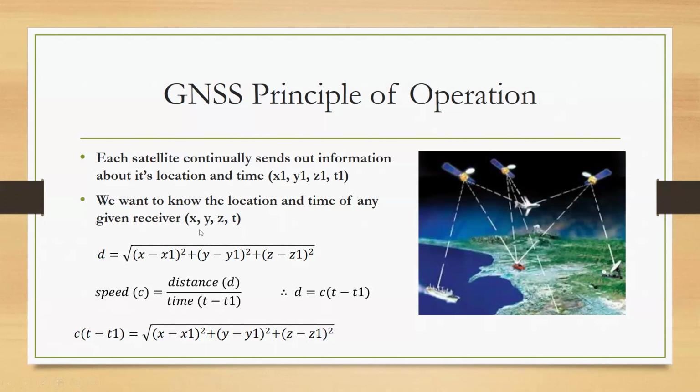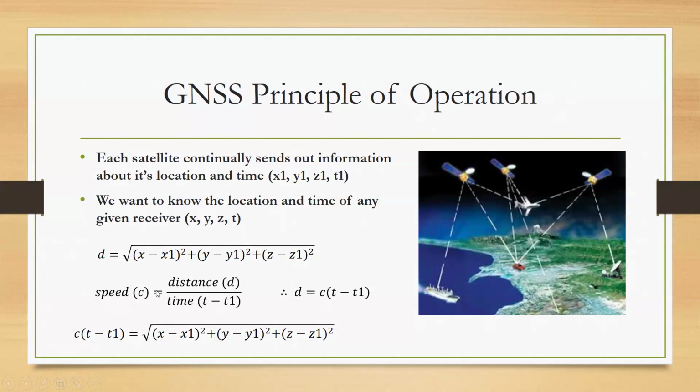Let's call the position of my cell phone X, Y, Z, and T. Then we know from coordinate geometry that the distance between these two locations, X, Y, Z, T, and one of the satellites, X1, Y1, Z1, and T1, can be calculated by this formula, D is equal to that.